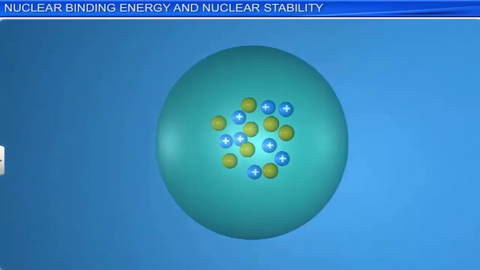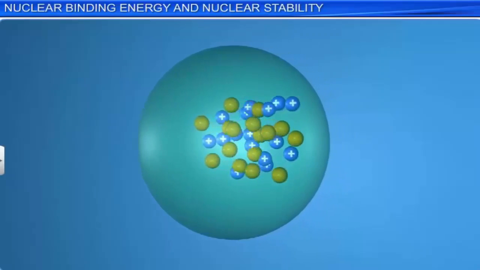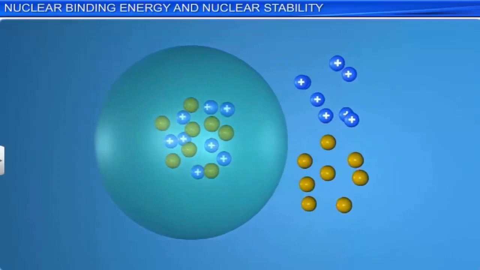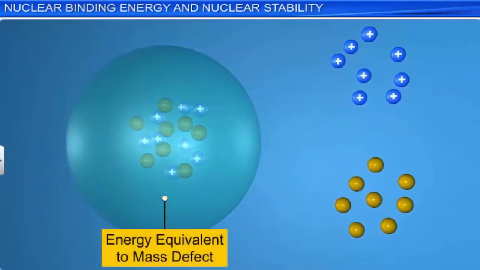Hence, the equivalent energy of the nucleus is less than that of the sum of the equivalent energies of its constituents. If an oxygen nucleus has to be broken up into its constituent protons and neutrons, energy equivalent to the mass defect needs to be supplied.